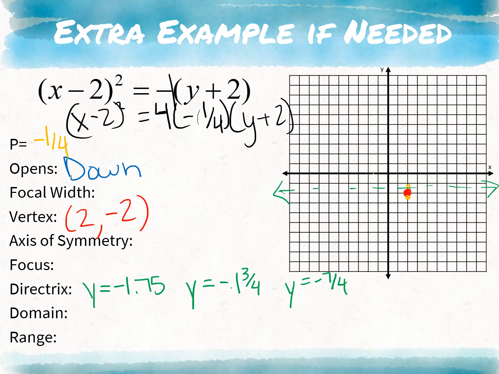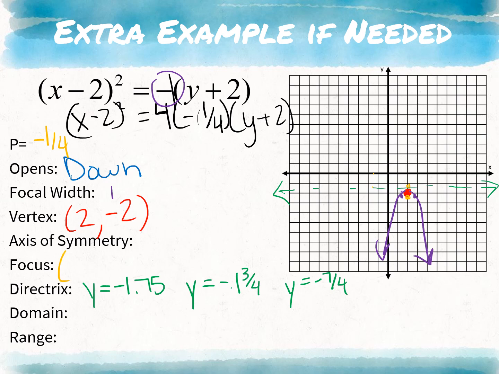Let's talk about the focal width. My original number was 1. My focal width is 1. If I want a focal width of 1, that means I go half in each direction from my focus, which means tiny, tiny parabola. Very, very skinny. So my focus, oops, I didn't write that out yet.